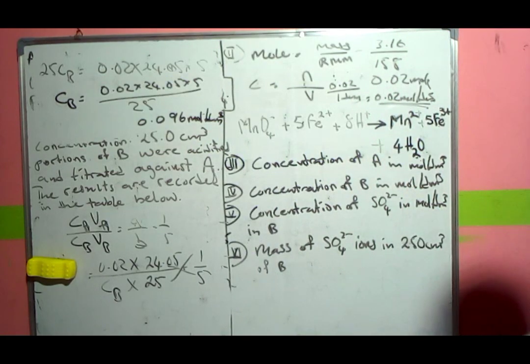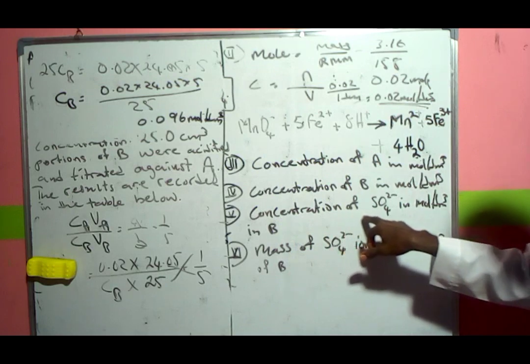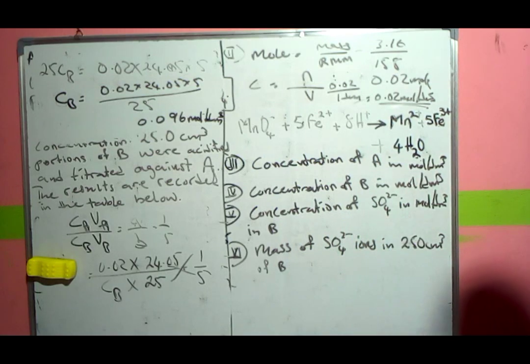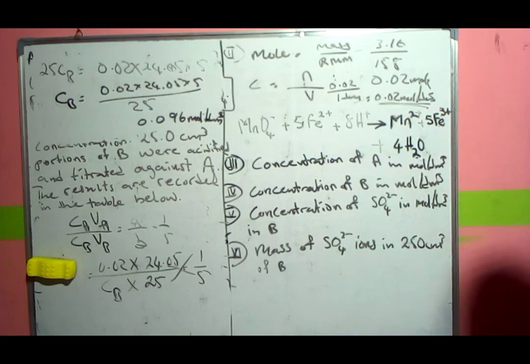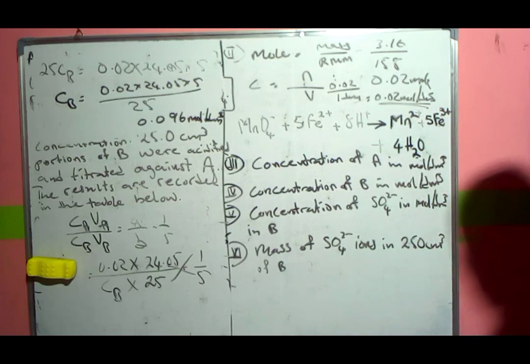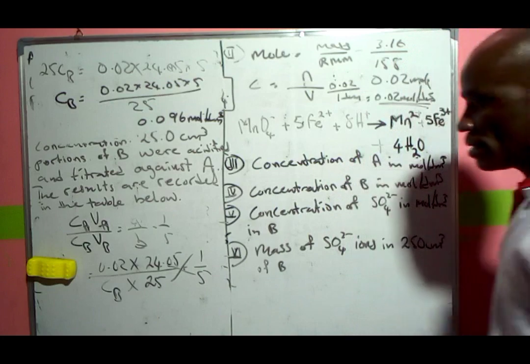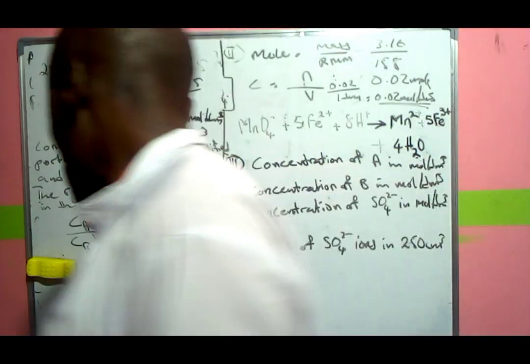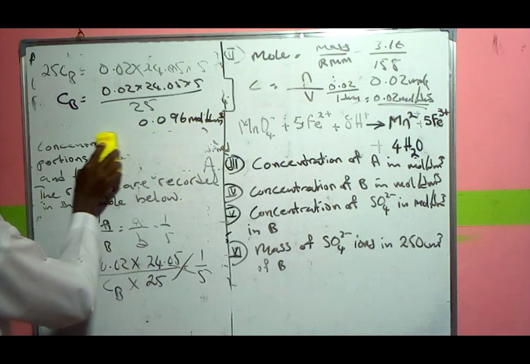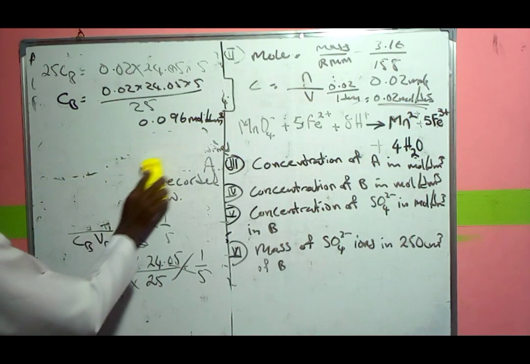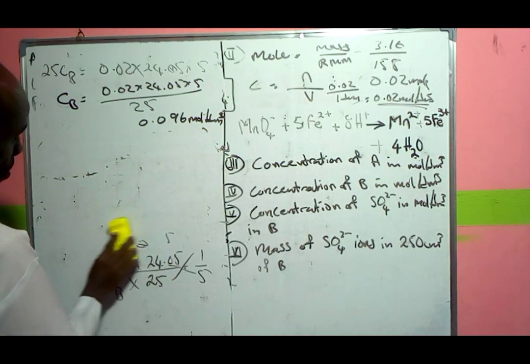Now the next question, they say the concentration of tetrahedral sulfur 6 ion in mole per dm cube of B. That is a very exciting one. So to do that, we come over to this end.